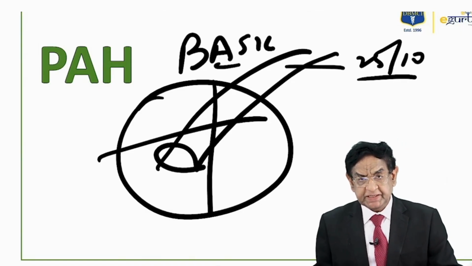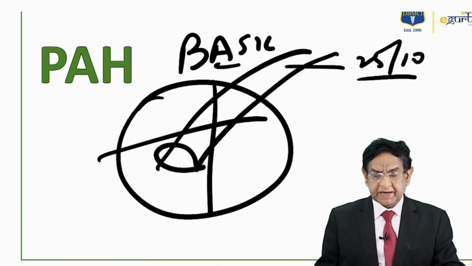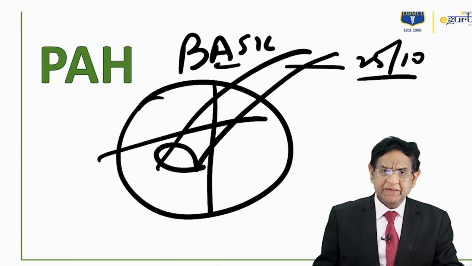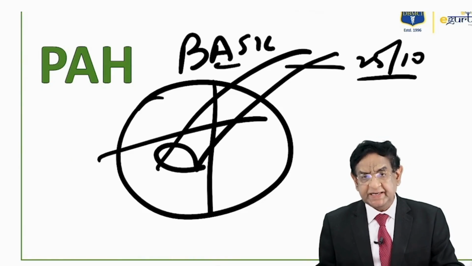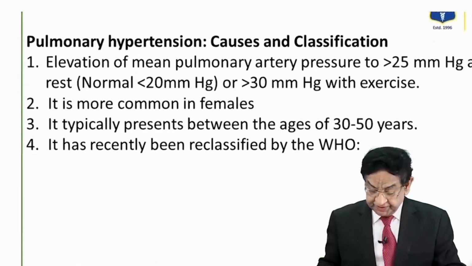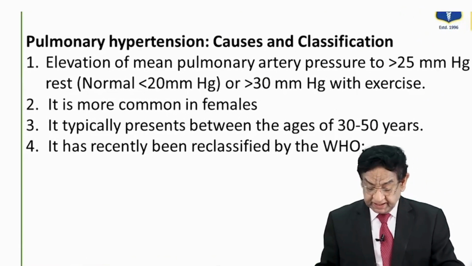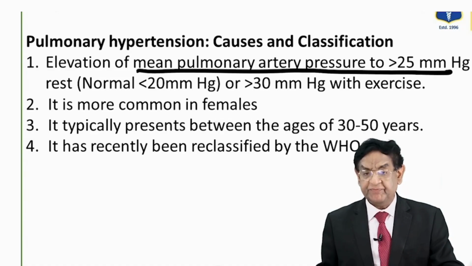But when the pressure increases in the artery, that is so-called pulmonary arterial hypertension. This is the simplest thing I can present to you. But now let me tell you what exactly is PAH. So, definition is elevation of mean pulmonary artery pressure more than 25 millimeter of mercury.